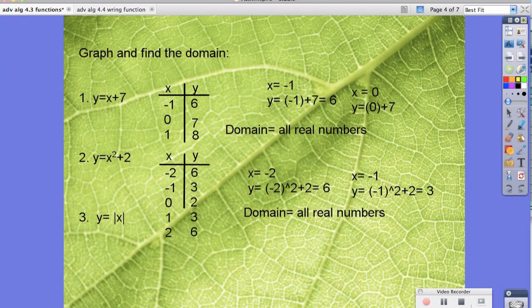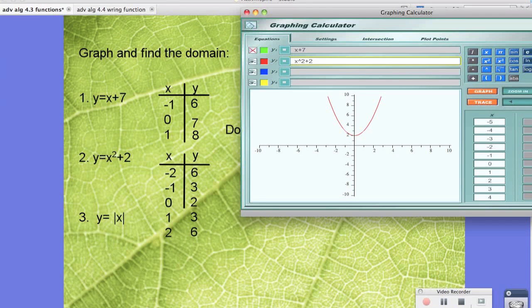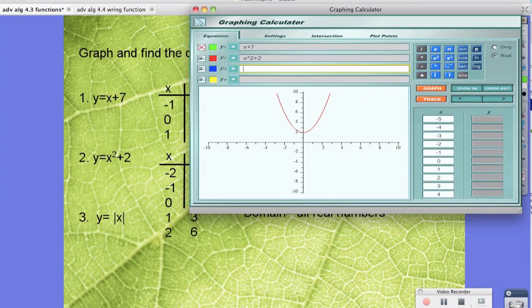For our number 3, same idea. We would select our values, and this time we're going to graph it. The unfortunate thing is that it doesn't appear like this website will graph absolute value signs, so I'm going to graph one for you.